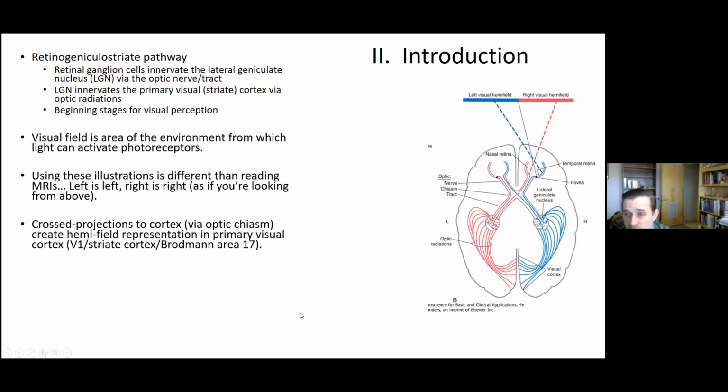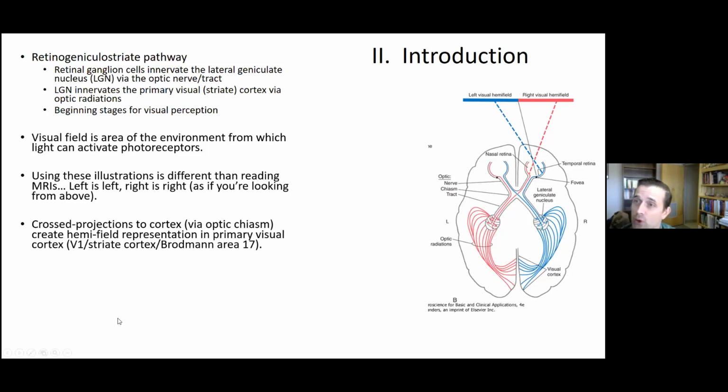Now, cross projections that are going to the primary visual cortex are going to occur in the optic chiasm. So the optic chiasm is that area where you see blue and red fibers crossing somewhat in the middle of the brain. We call that the optic chiasm.